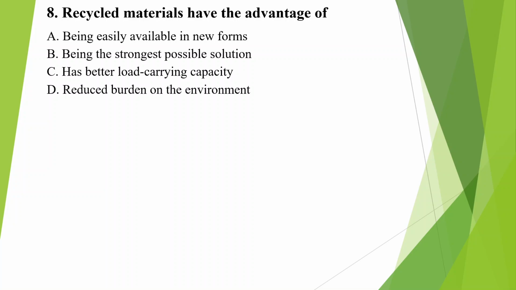Recycled material have the advantage of being easily available in new forms, being the strongest possible solution, having better load carrying capacity, or reduced burden on the environment. What is the key advantage?